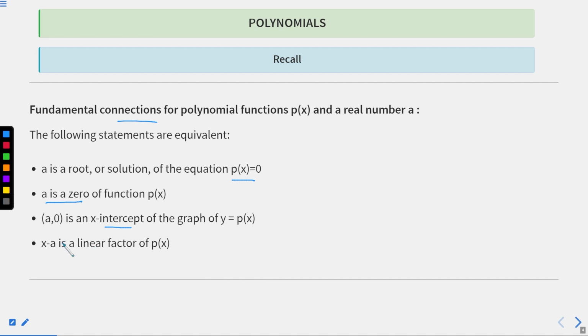And x minus a is called a factor of the polynomial p of x. When x minus a is a factor of p of x, then p of a should be 0. So these four statements are equivalent to each other.